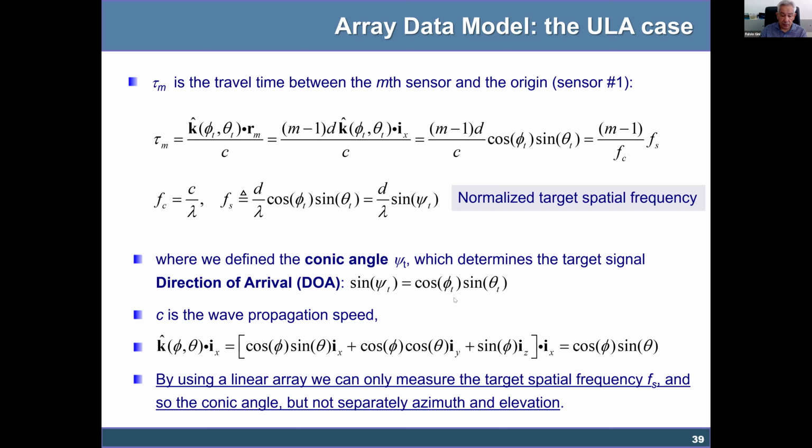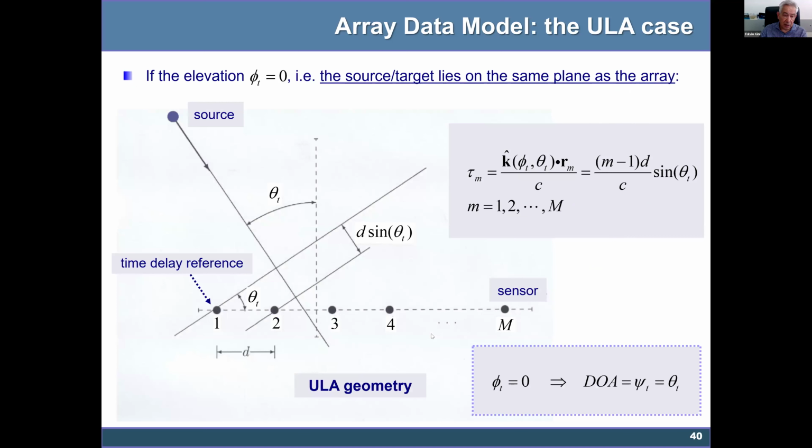Now, typically, we use a linear array when we are interested in estimating only one angle. That can be the azimuth or the elevation, but not both. So we cannot estimate both by using a linear array. Let's assume, for example, that we know the elevation. For example, we want to detect a boat on the sea surface, so the elevation is 0.